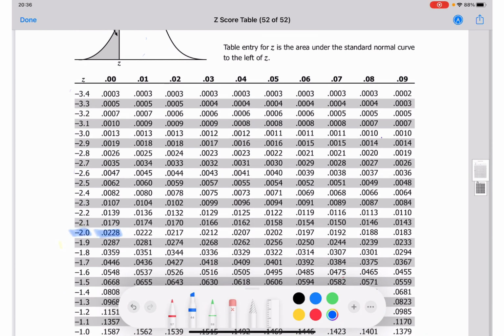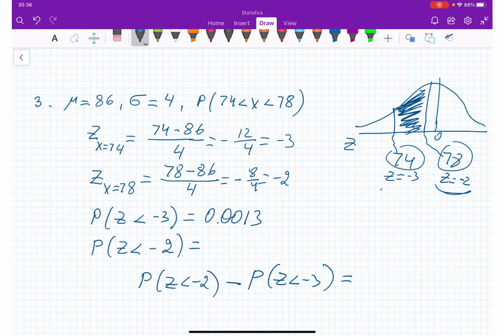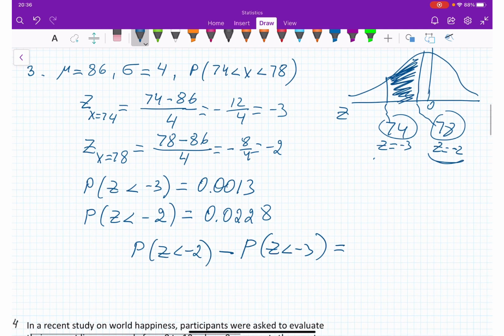First number 0.0228. Okay, 0.0228. So what do we need to do?